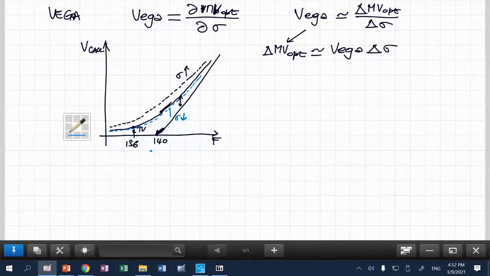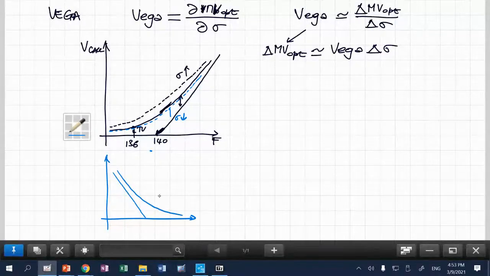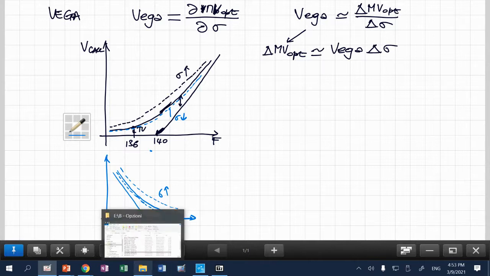A similar effect would be valid for put options. In the case of put options, again, we have the curve, and clearly the curve would move up if volatility increases, and down if volatility decreases.